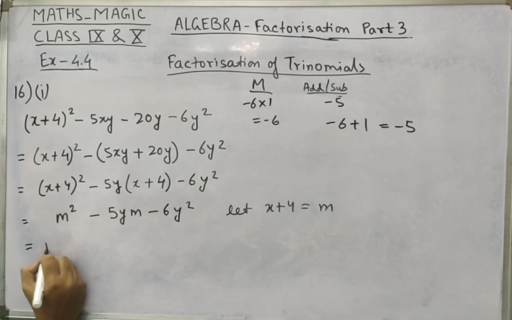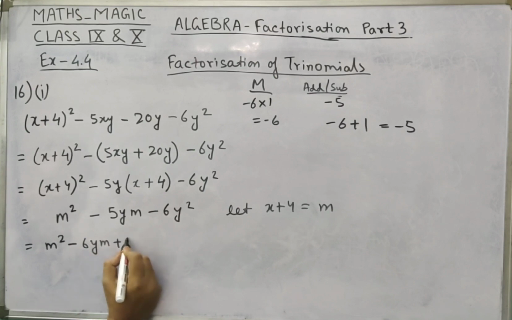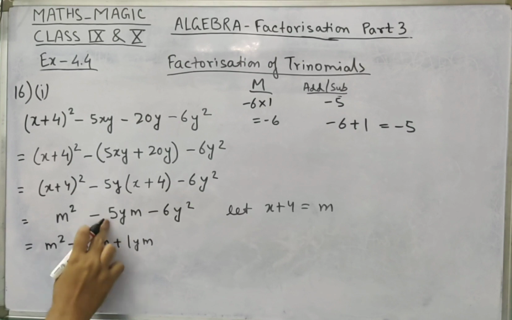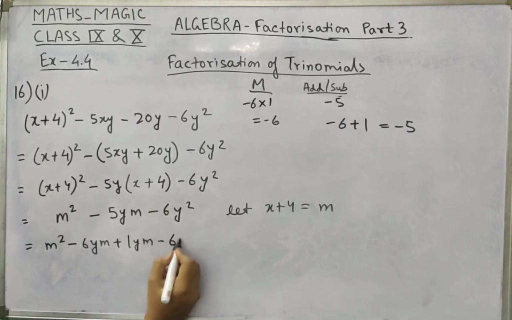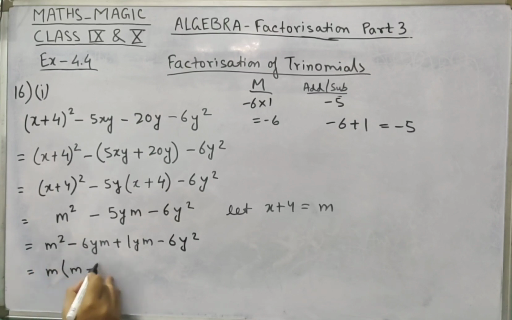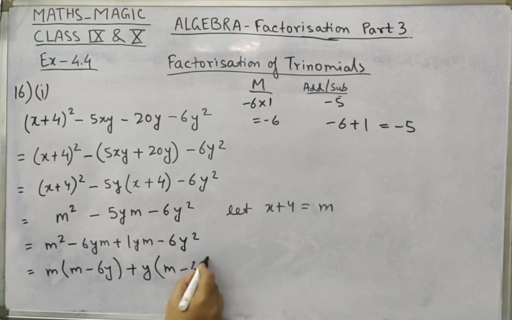So m square minus 6ym plus 1ym. See, minus 6 plus 1 I will get minus 5ym. Now m common, I will get m minus 6y, plus here y common, m minus 6y. So m minus 6y.